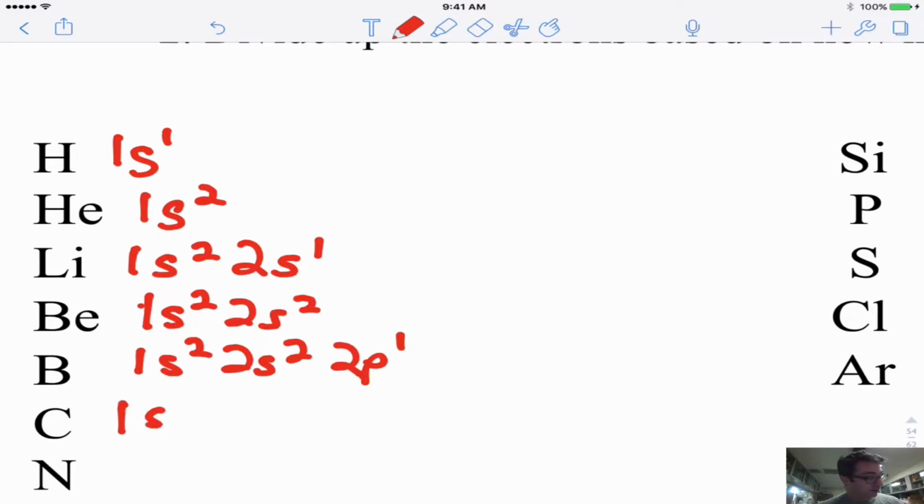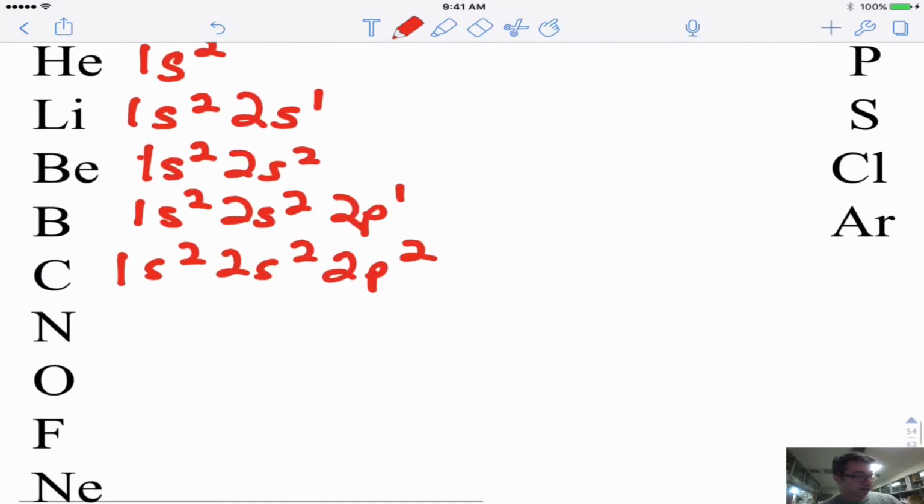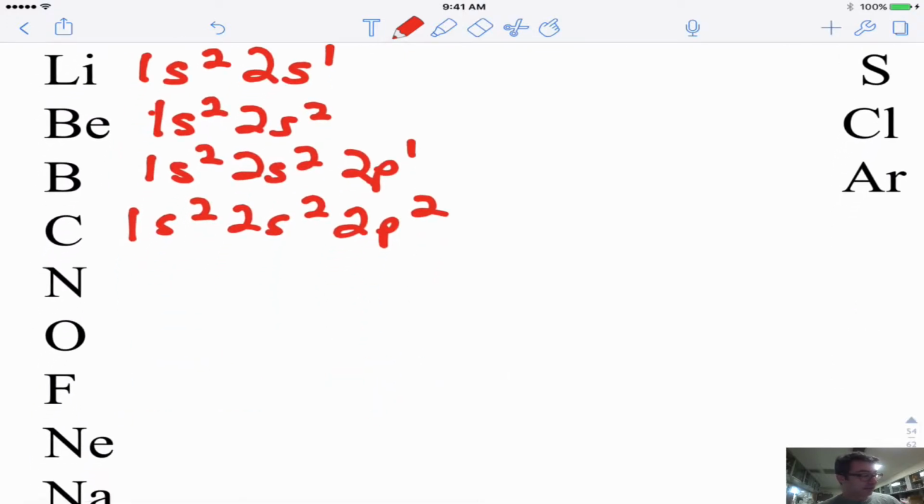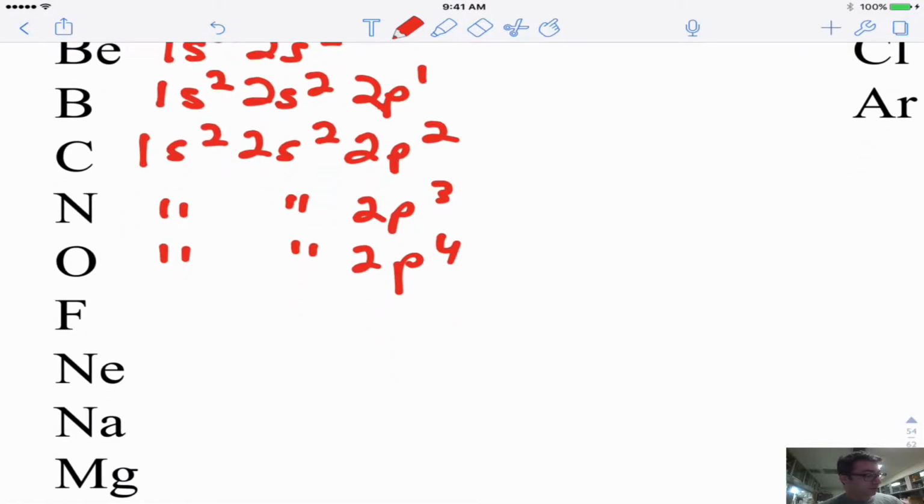Carbon, 1s2, 2s2, 2p2, that's 6 electrons. Now p can occupy up to 6, so this next one will be 2p3, this one will be 2p4, this one will be 2p5, and neon will be 2p6.